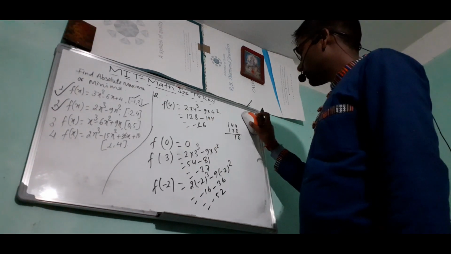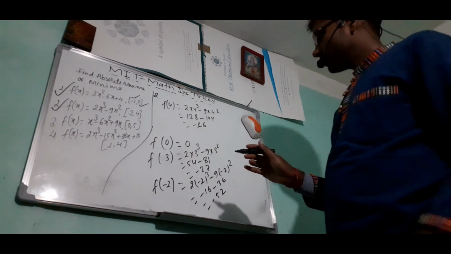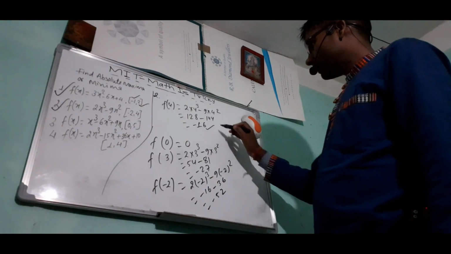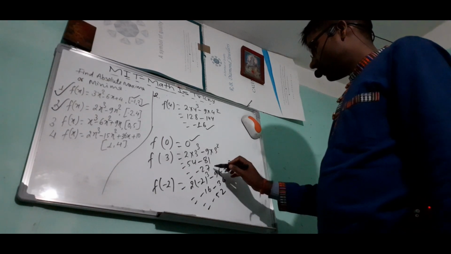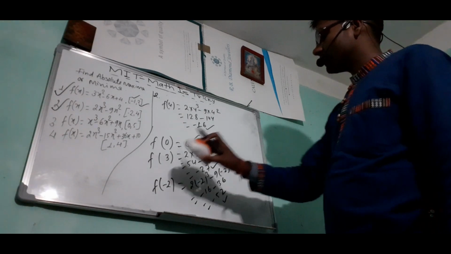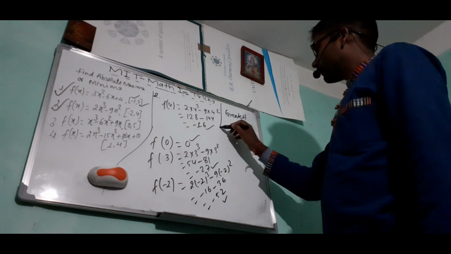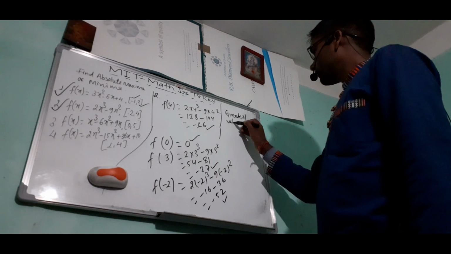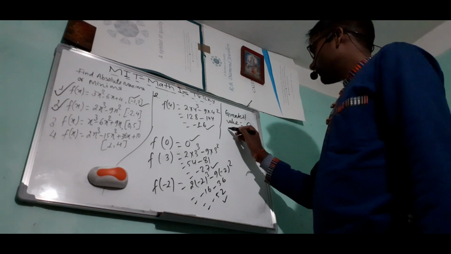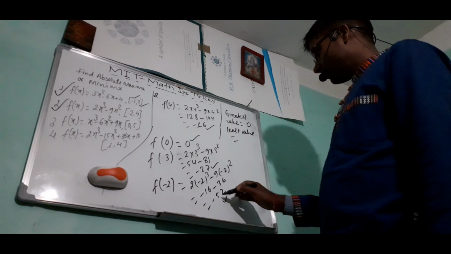Okay, so now we can see here we have the function values. Which one is the greatest one? We have four values: 1, 2, 3, 4. Among these, which one is the greatest one? See here, greatest value equals 0, and least value equals minus 52.